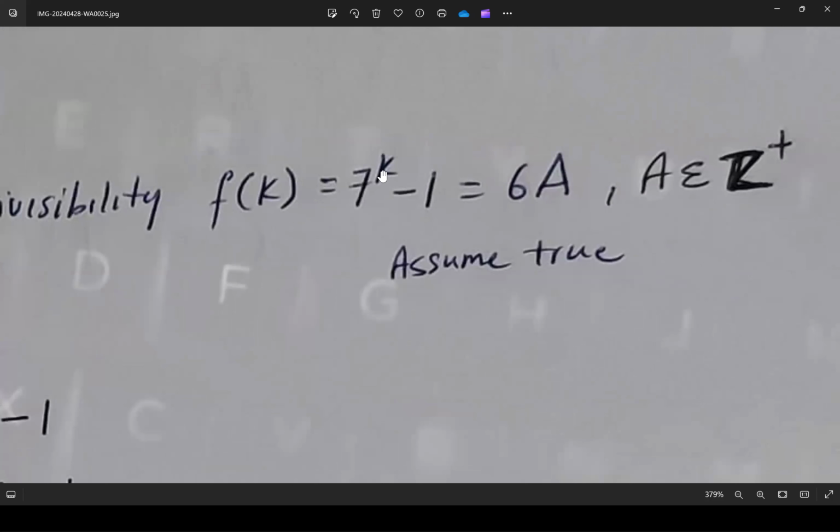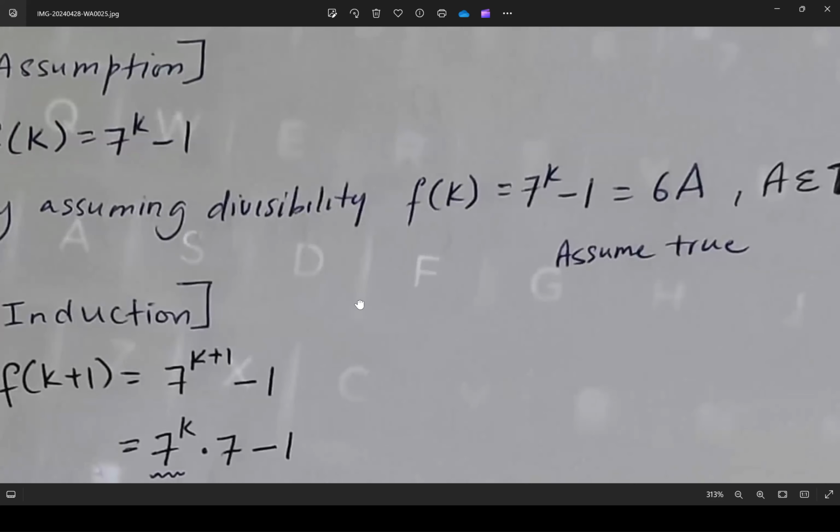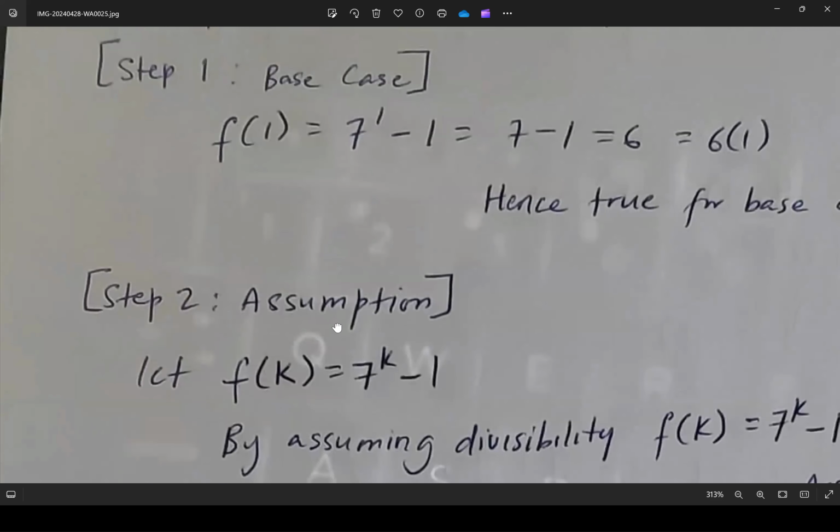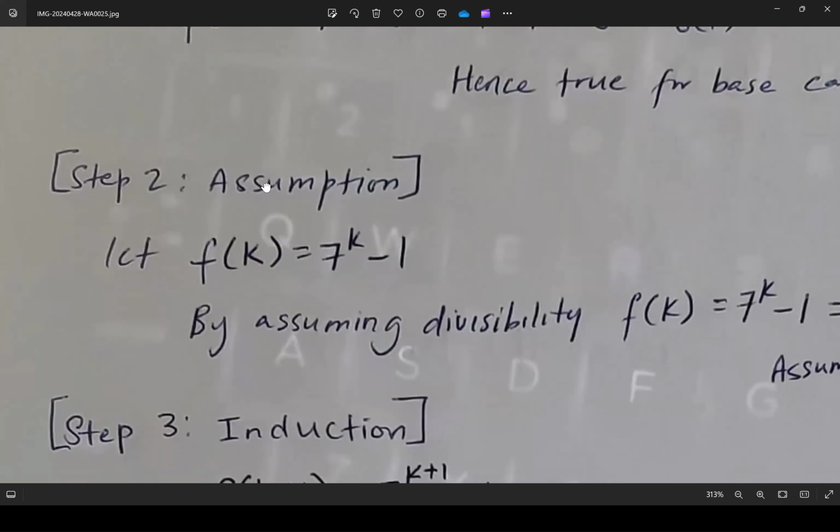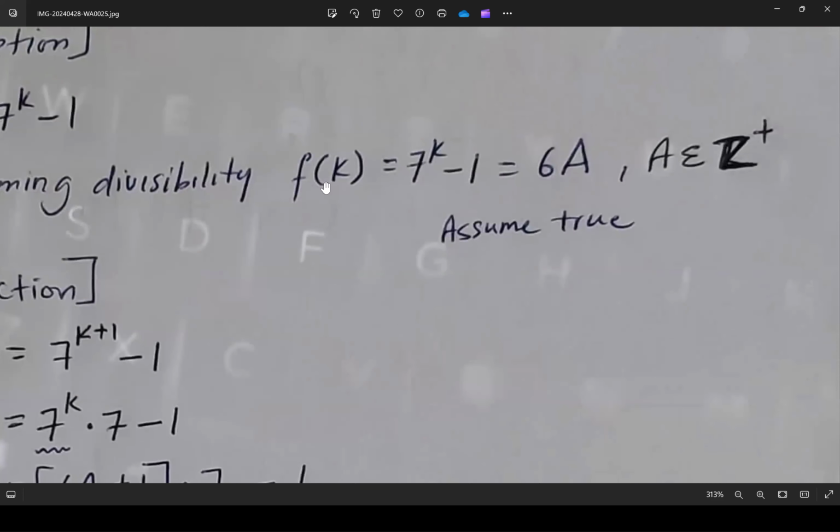We're saying that if we plug in any value of k, any natural number, then it needs to be equal to 6 times some integer. This means it's divisible by 6, right? That makes sense. If it's 6 times 2, that's 12, which is divisible by 6. If it's 6 times 3, it's 18, which again is divisible by 6. So we're just saying that 7^k minus 1 is, we're going to assume that it's always true. It's 6 times some number a. You get a mark for that. So that's a mark for the base case, and we get a mark for making an assumption that what they said is true.